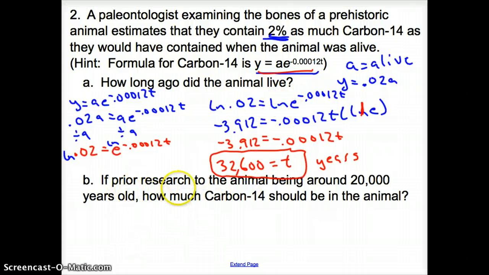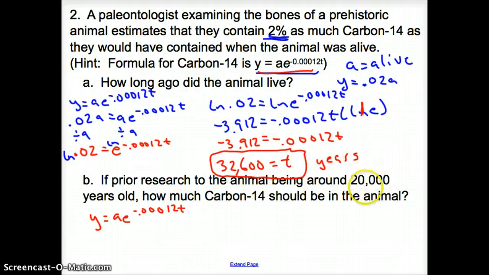Now we are asked, if prior research says the animal is around 20,000 years old, how much carbon-14 should be in the animal? Again, we are going to use this right here. We have y equals a e to the negative 0.00012t.